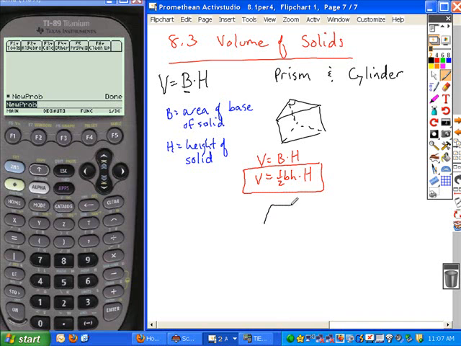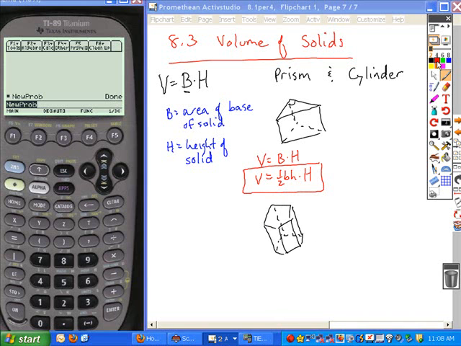Okay, so if I gave you something like this, and let's say you had a regular pentagon as your base, and you're dealing with a prism. Your volume formula would be B times H. Now remember, in each of these, H is the height of the solid.